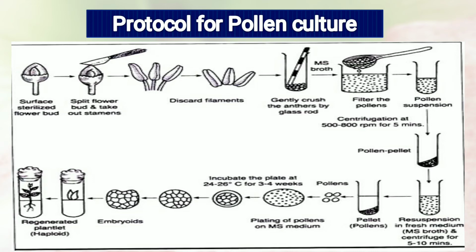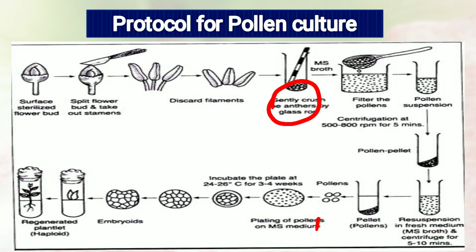About 50 anthers are placed in a small sterile beaker containing 20 ml of liquid medium, which contains the MS medium, and the anthers are then pressed against the side of the beaker with the sterile glass piston of a syringe to squeeze out the pollen.